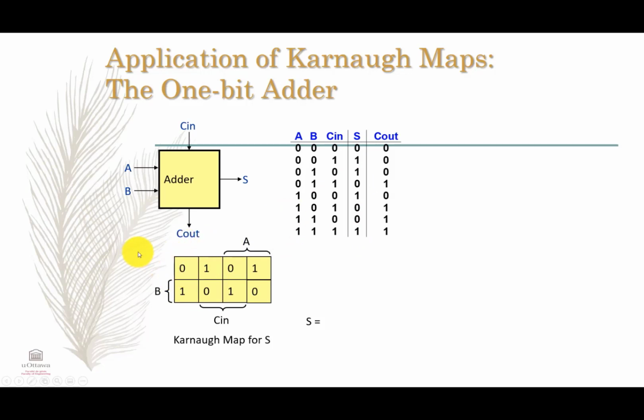Remember, this kernel map is coded as follows: here we have B, and here we have A and Cn. Here it's 0 and 1, and here it's 0, 0, 0, 1. Now here it's 1, 1, and 1, 0.